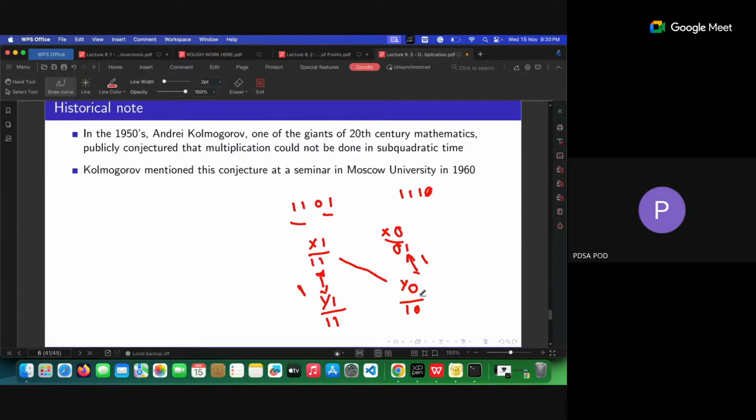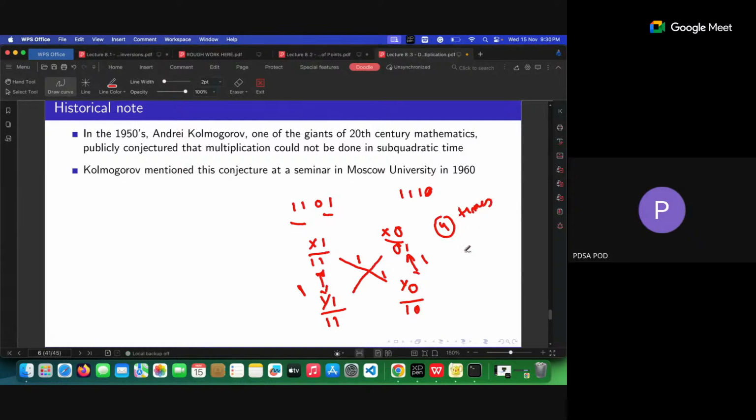That's the reason it is called x0 and y0. Whatever results we got, these results are again multiplied across boundaries. So totally it requires 4 multiplications. That is the divide and conquer policy we applied.